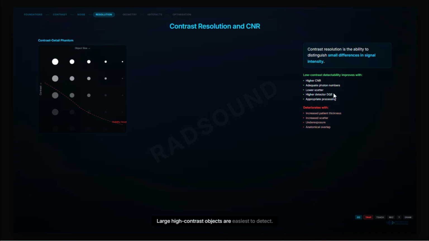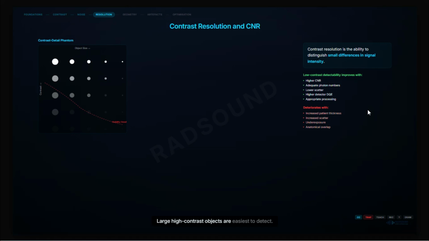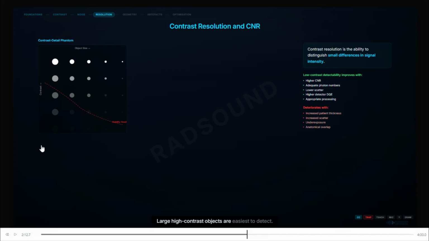Lower scatter, high detector DQE. And vice versa, a larger patient has more scatter, or underexposure, maybe the exposure index deviates to the negative side, maybe -3, so it will be a darker area. You may not see anything, maybe overlapping due to improper positioning of the patient.